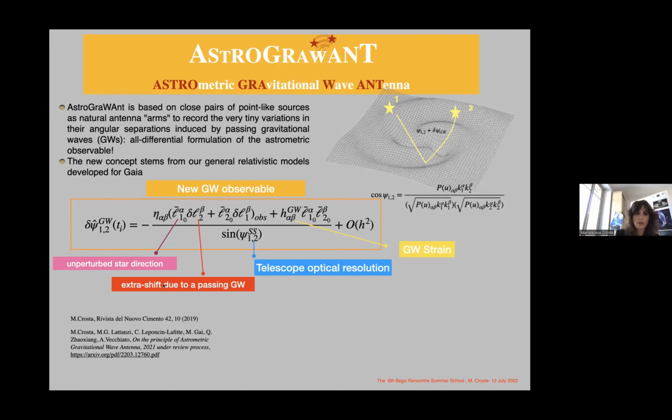It depends also on an extra shift due to the passing gravitational wave on the light geodesic. It depends on the gravitational wave strain and, moreover, on the telescope optical resolution, I mean the angle between the two unperturbed directions.